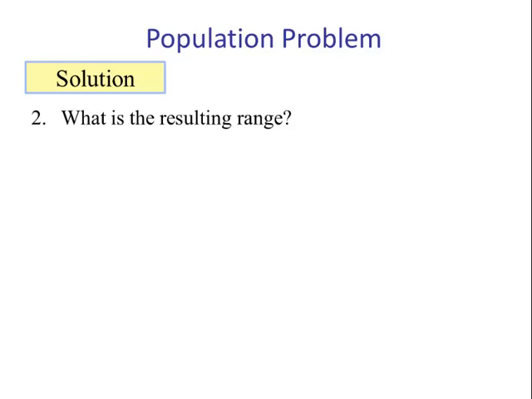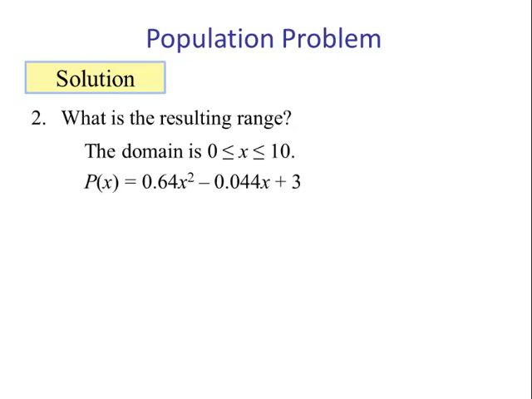Number 2, what is the resulting range for the given domain? Since this is an increasing function, we can find the value of P of x when x is 0. This will be the smallest value, and then we can find P of 10, and this will be the largest y value, because this is an increasing function.